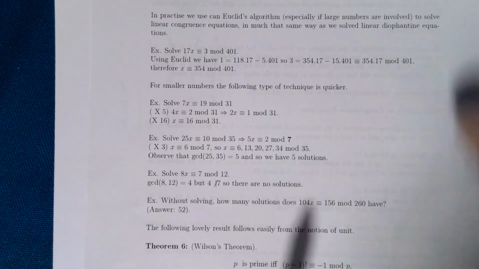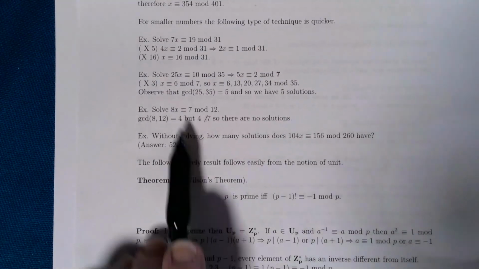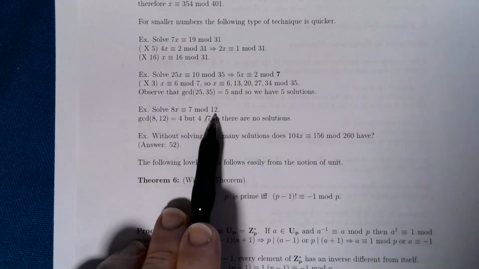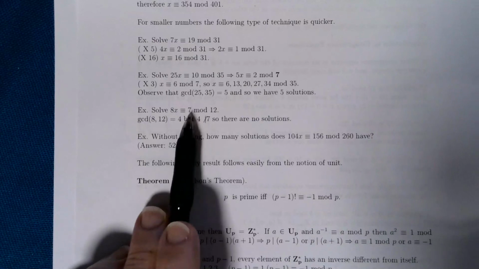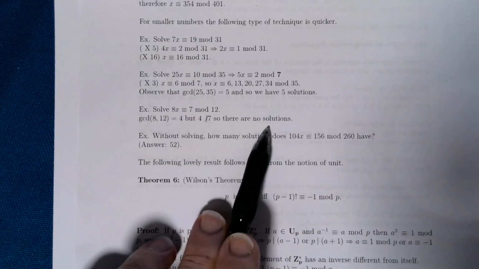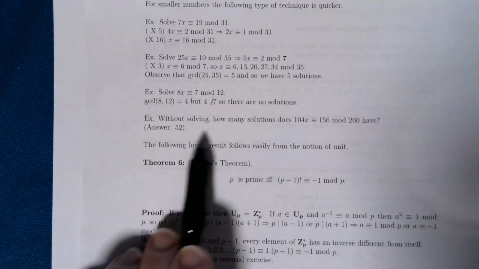On the other hand, 8x congruent to 7 mod 12, the GCD of these numbers is 4, and 4 doesn't divide 7, so there are no solutions.